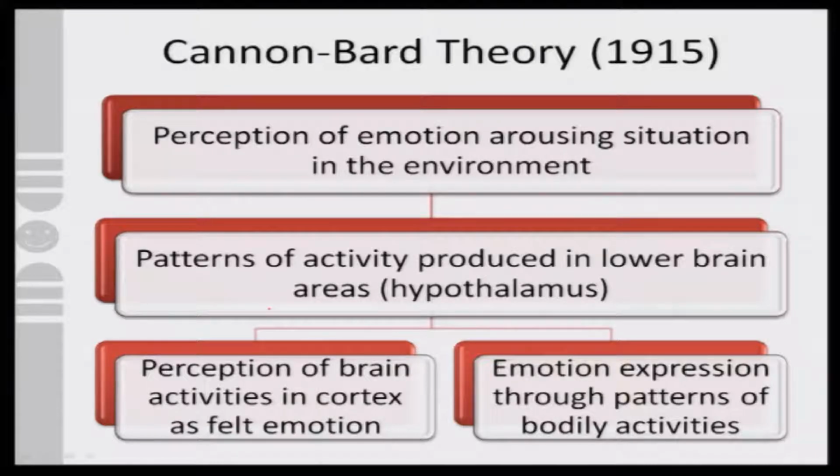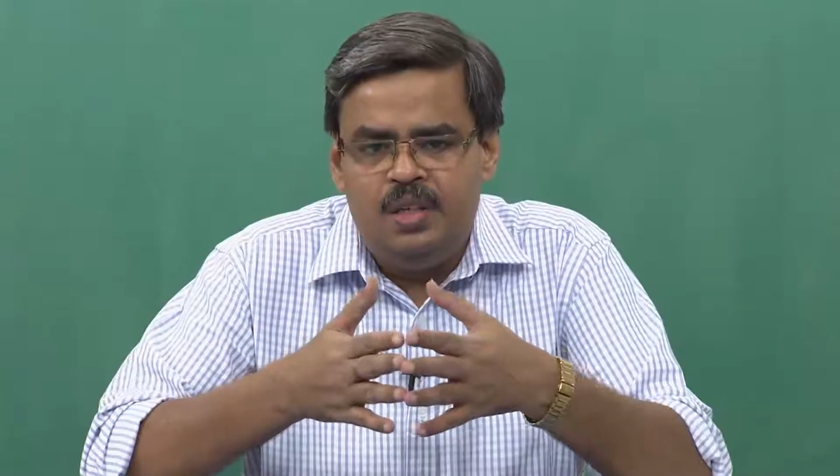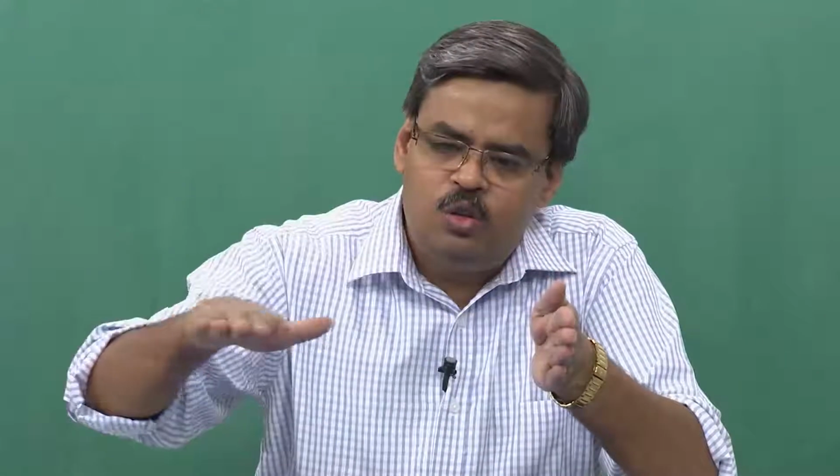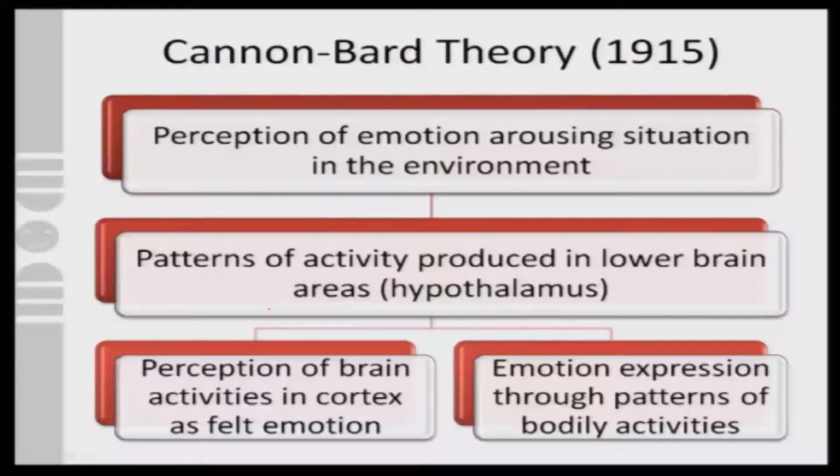So, the person perceives the emotion-arousing situation in the environment, and this in turn leads to a pattern of activity in the lower brain areas. Therefore, two things now happen simultaneously: one, perception of the brain activity in the cortex, which is felt as an emotion, and simultaneously the emotion expression takes place through the pattern of bodily activities.